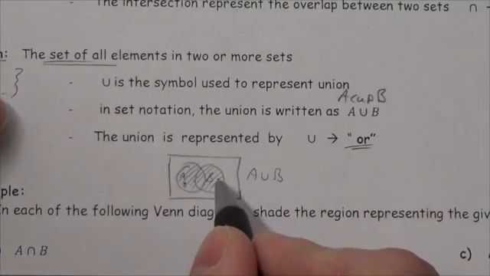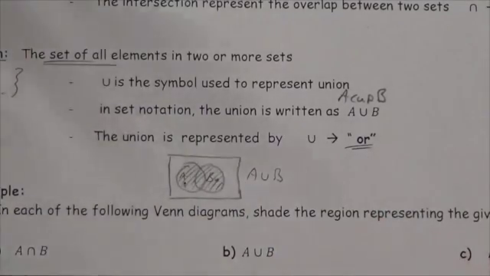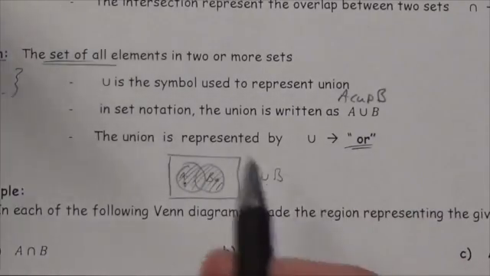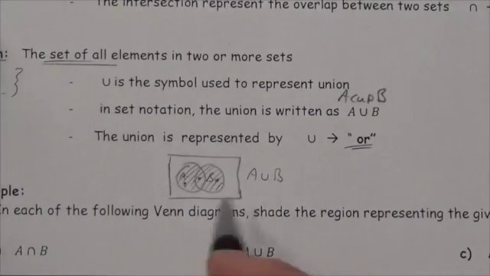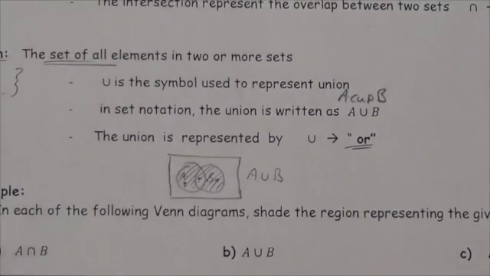If I'm looking at this one right here, that element could be considered in either A or B. Now it's specifically in B, but it satisfies that statement. So does anything that's in both. So that's what we're describing here. A union B refers to all the elements in those two sets, all taken together as a whole.